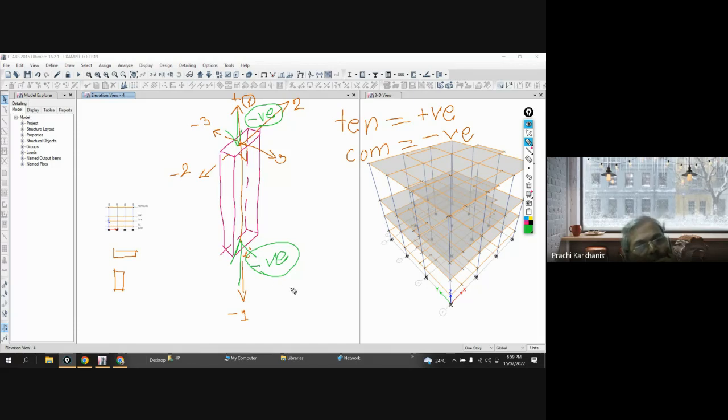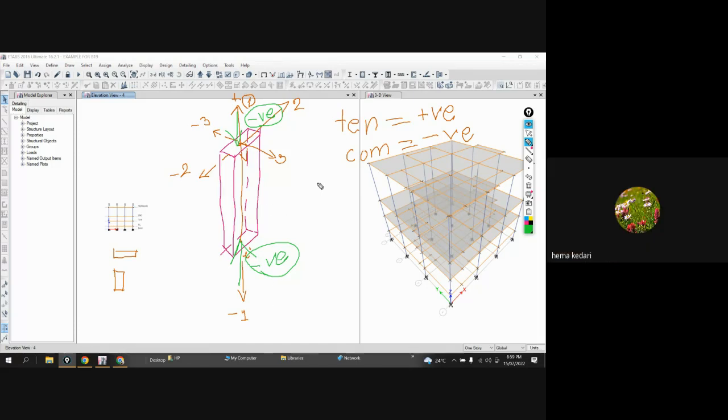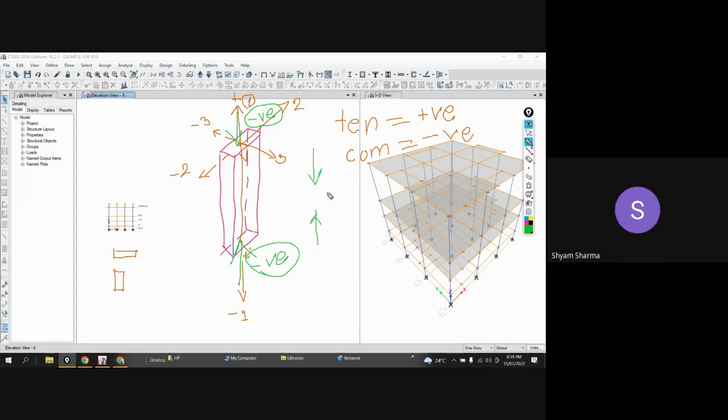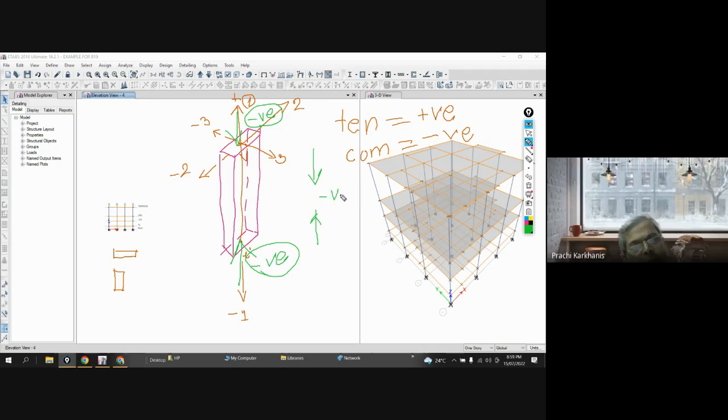Are you getting it? Because the column is subjected to compression most of the time, then it will be considered as negative, either at J end or at I end.